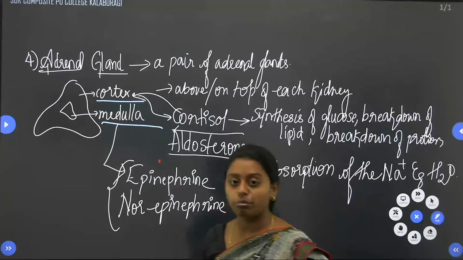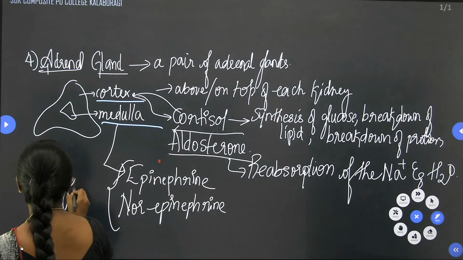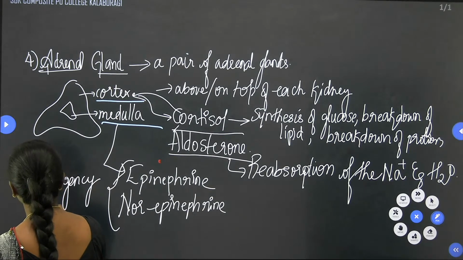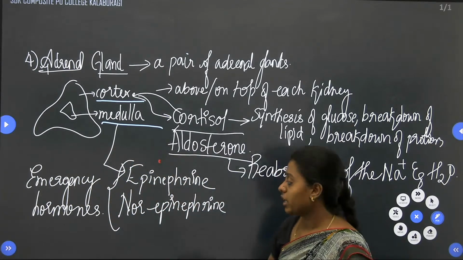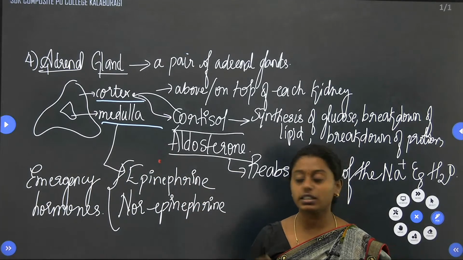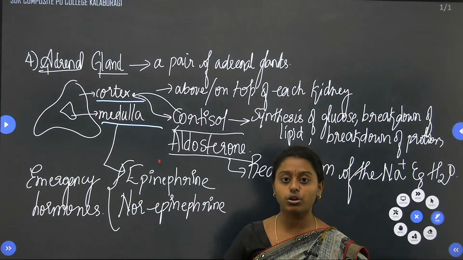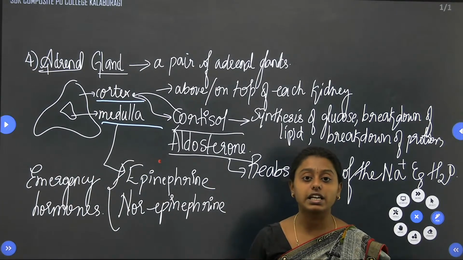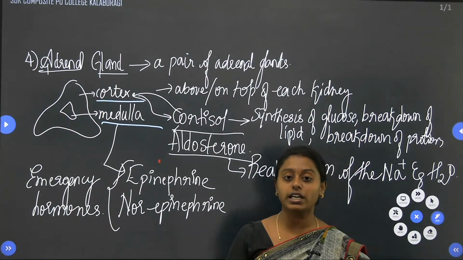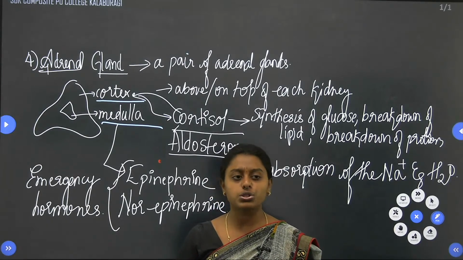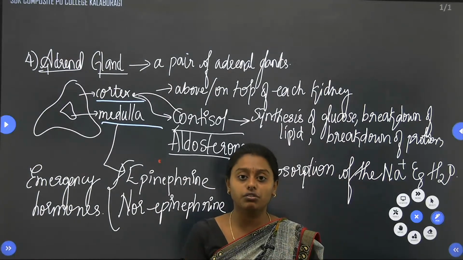Together, epinephrine and norepinephrine are termed emergency hormones, because they are secreted by the adrenal medulla only at the time of stress condition or emergency condition. Let us take an example of a scary situation where we suddenly see a snake or a tiger or a lion. Then we show different types of actions on our facial expressions and within our body.